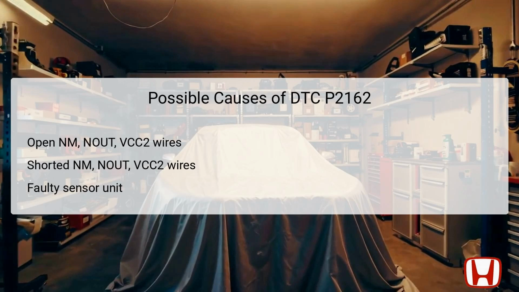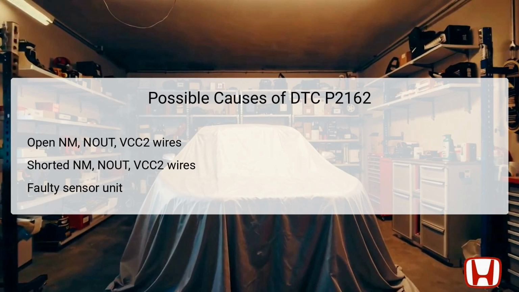Another possibility is short circuits in these same wires, which might cause unintended grounding and inaccurate readings. Lastly, the fault may lie within the sensor unit itself, which, if malfunctioning, fails to provide proper data to the TCM. Identifying the exact cause requires a systematic check of the wiring and the sensor itself to ensure all components are functioning correctly.